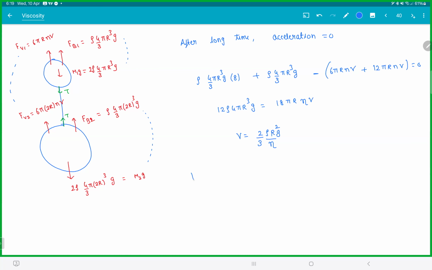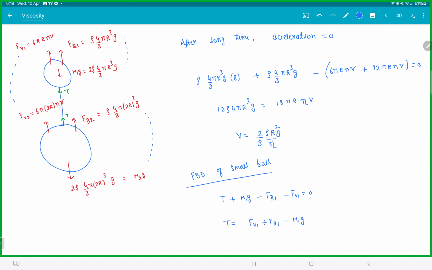If you take the FBD of the small ball, you get tension plus M1 g minus FB1 minus FV1 is 0. So tension is FB1 plus FV1 minus M1 g.